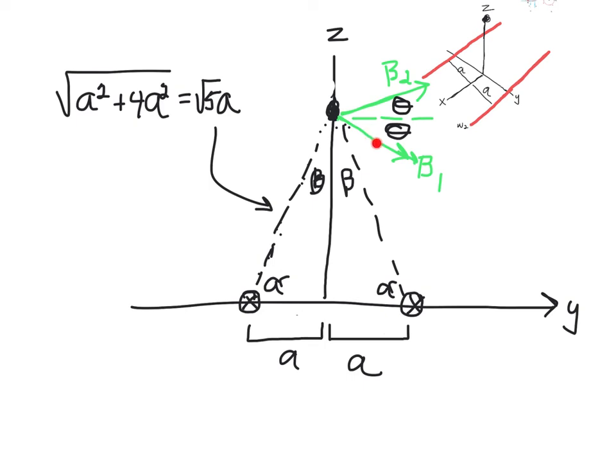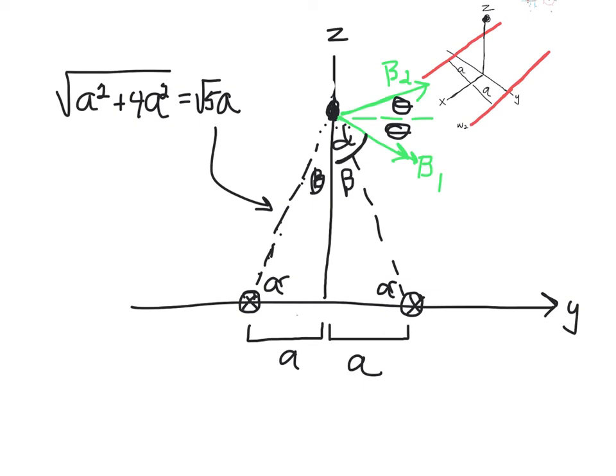So notice that this vector B1 is perpendicular to this hypotenuse, right? So that's 90 degrees. So if this is beta, this angle here has to be alpha, right? Because beta plus alpha equals 90 degrees, because it's a right triangle, complementary angles.